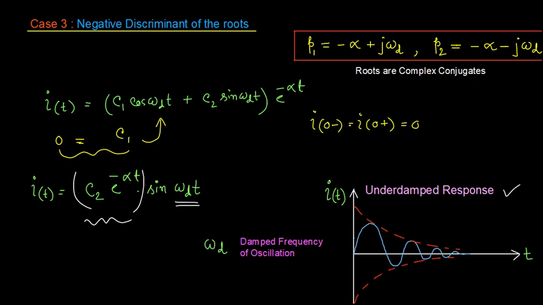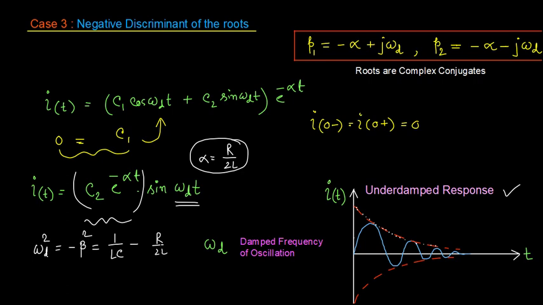Here alpha equal to R by 2L, this is the damping factor that determines how fast the amplitude damps out, and omega d is the damped frequency of oscillation. Now omega d can be represented in terms of the natural frequency of oscillation omega n and zeta. Actually omega d square equals minus of beta square, that is actually 1 upon LC minus (R by 2L) whole square.